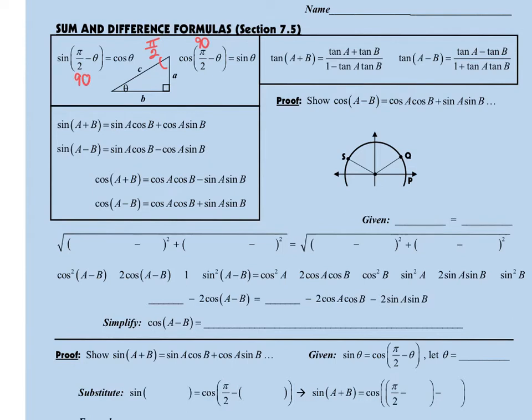So one thing that I want you to notice is that on the sine formula, if I'm adding the 2 angles, I'm going to add in the formula. So on sine, the sign is the same. Now on cosine, however, if I'm adding here, I'm subtracting here. So on cosine, the signs are different.